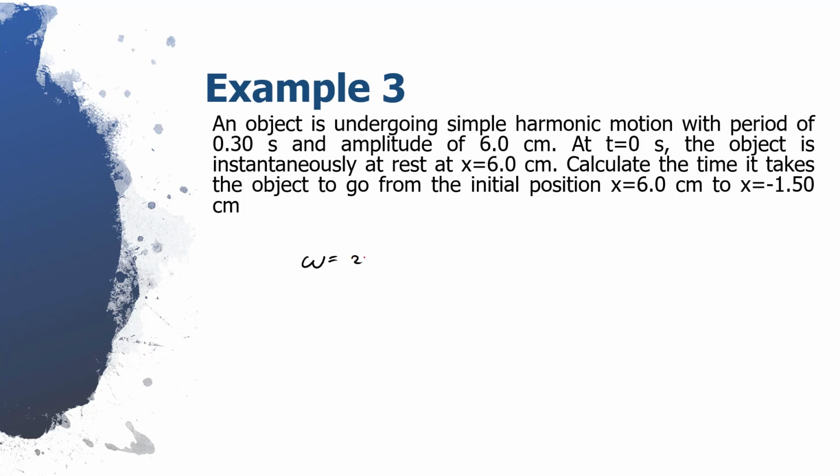Omega is equal to 2 pi f, and f is equal to 1 over T, so this is equal to 2 pi over the period.